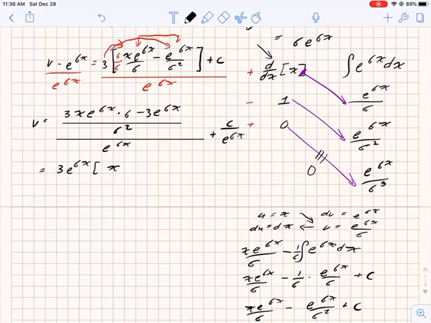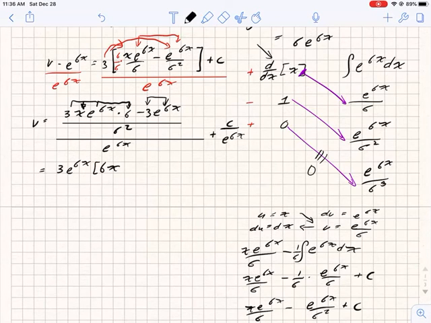If we take out these two, all we're left with is x. And the 6. So we have 6x right here.